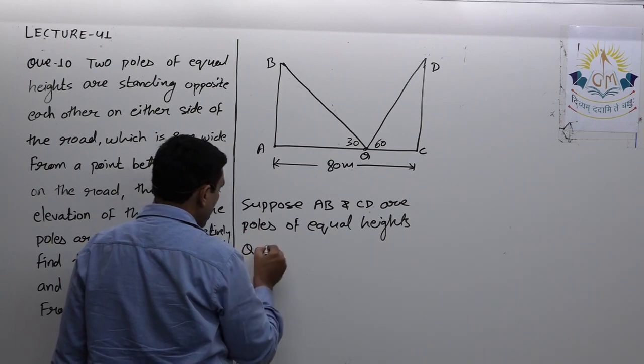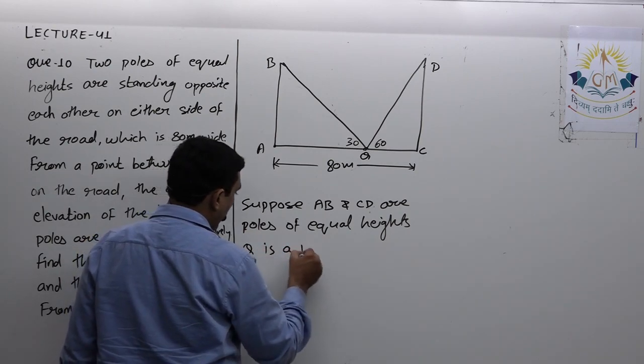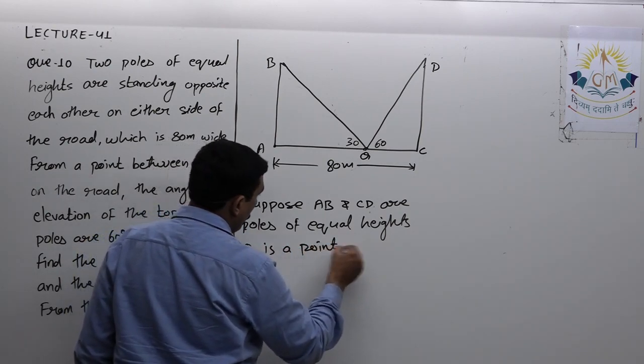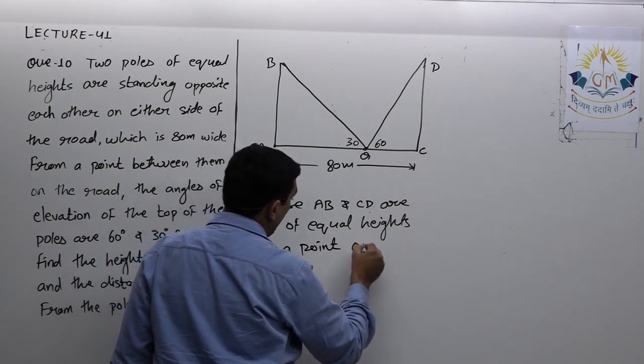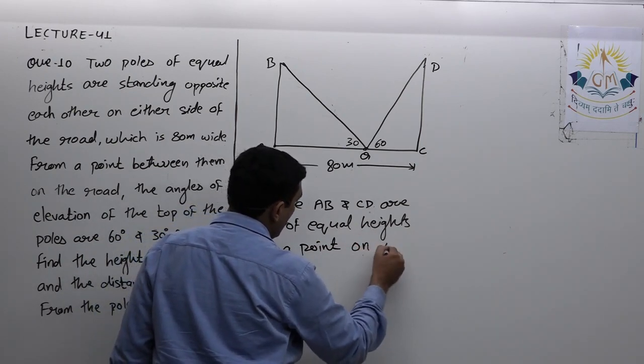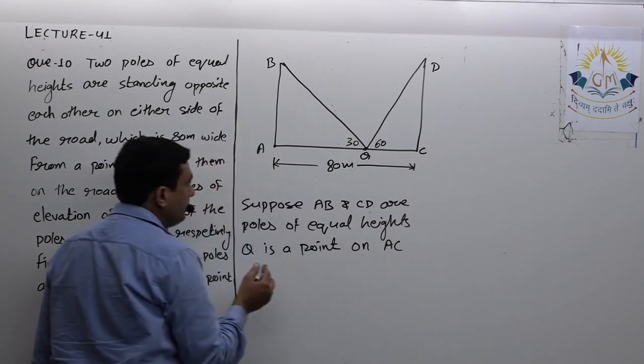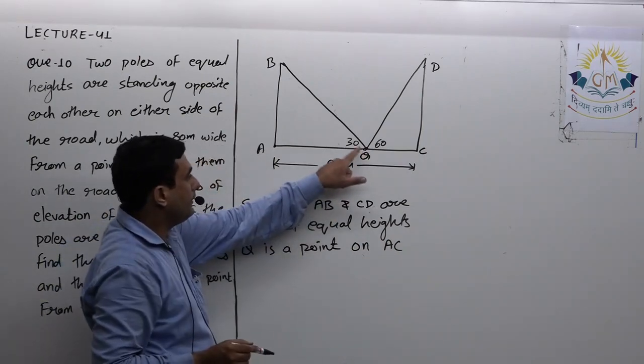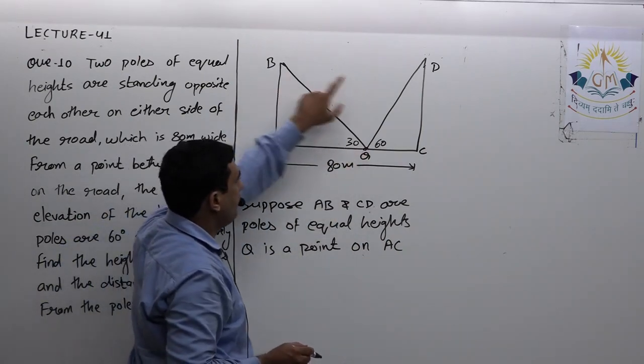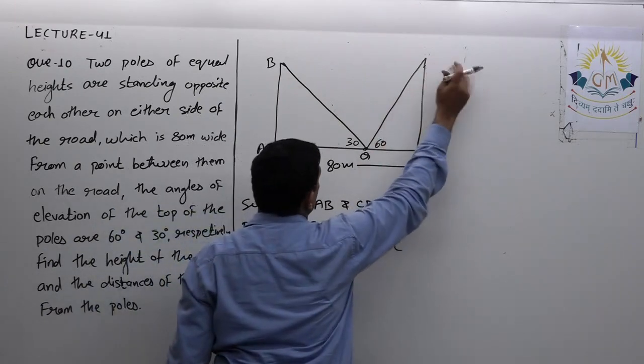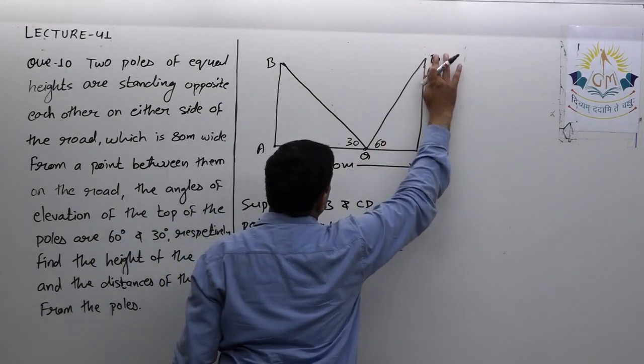Q is on AC. From point Q, the angles of elevation of B and D are 30 degree and 60 degree.